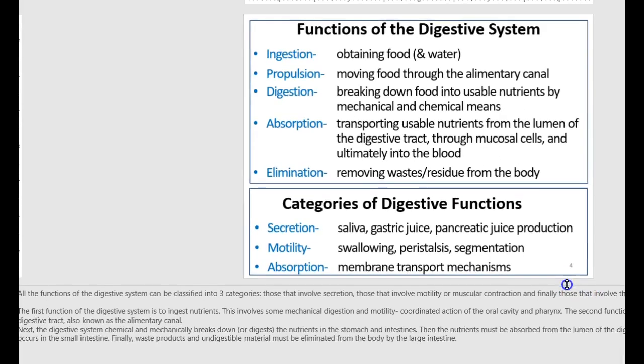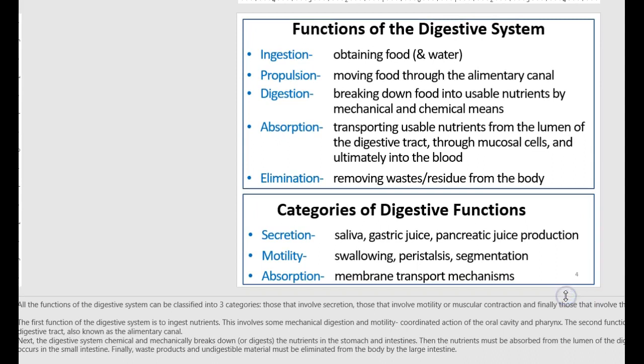So the first function that I'll mention is ingestion. That, of course, occurs in the oral cavity, the mouth. This involves some mechanical digestion as well, and motility, because the tongue has to move and we swallow. The second function is propulsion, moving food forward through the alimentary canal.